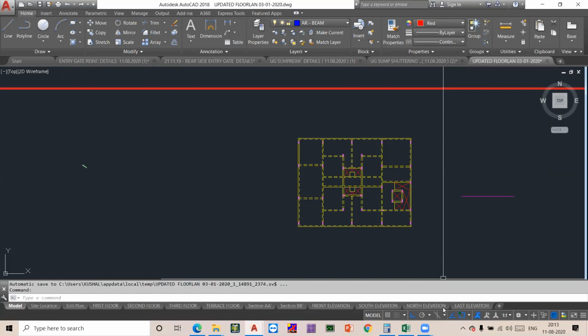See, earlier we were having systems called planted columns or floating columns. But during an earthquake, such floating columns will be very much undesirable.